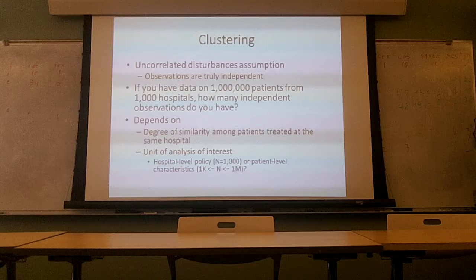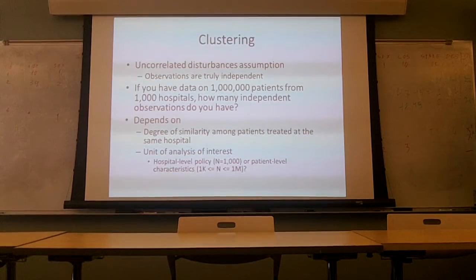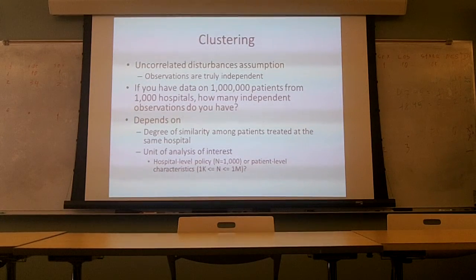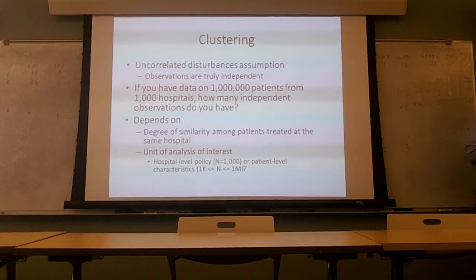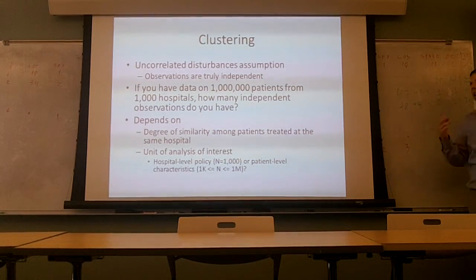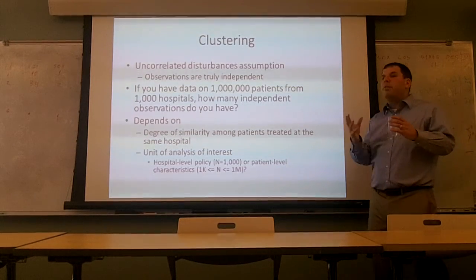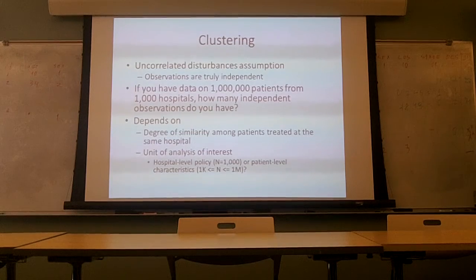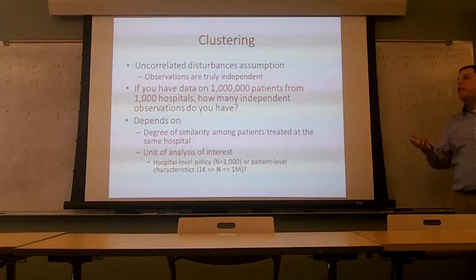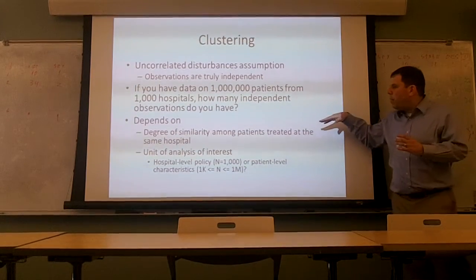So it's not the case that every time you think of, oh, there's another layer of clustering, another layer of hierarchy, that there's nesting that goes on here, we need to do something about it. You need to, just like you need to do with your conceptual framework, think about the simplest story that you can tell. What are the essential aspects of that simple story, of your conceptual framework? Is it a story about hospitals?